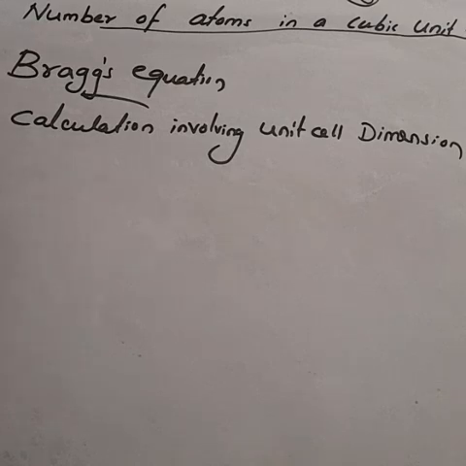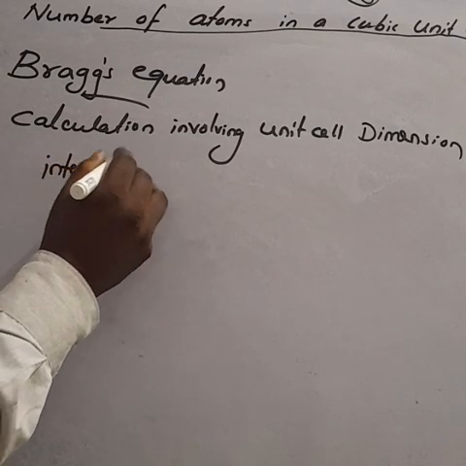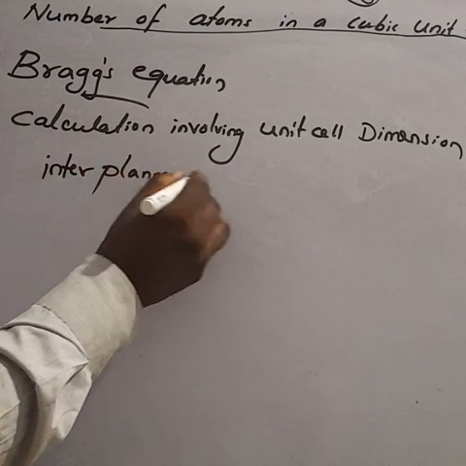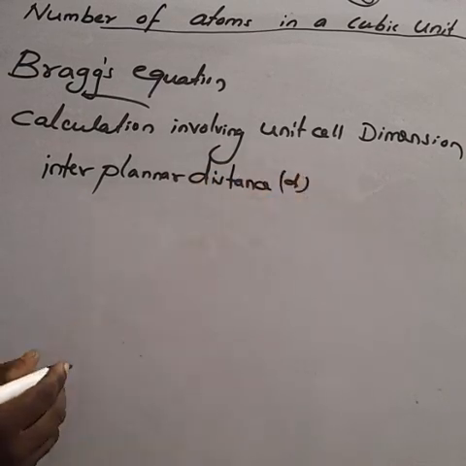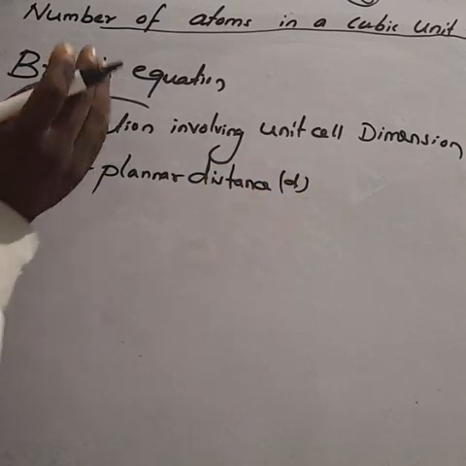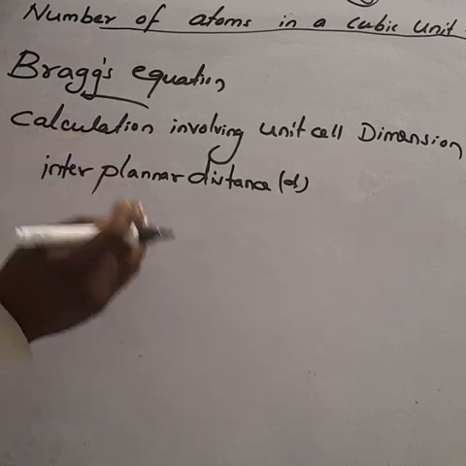What is the Bragg equation? The interplanar distance, that is d, between two successive planes of atoms can be calculated.